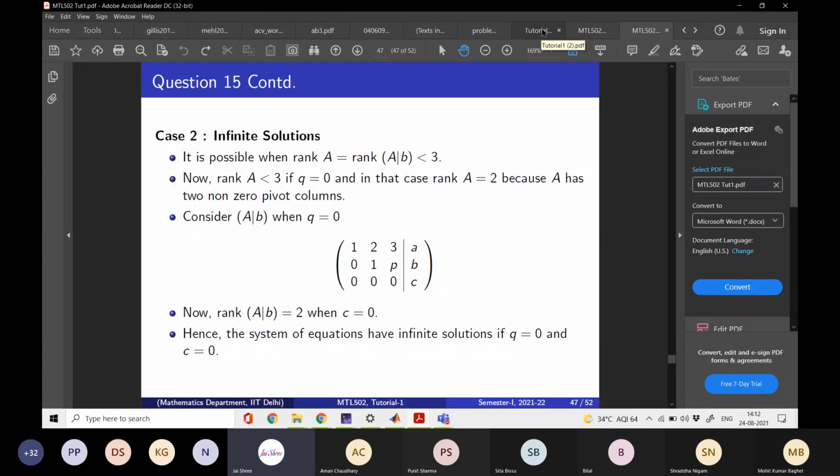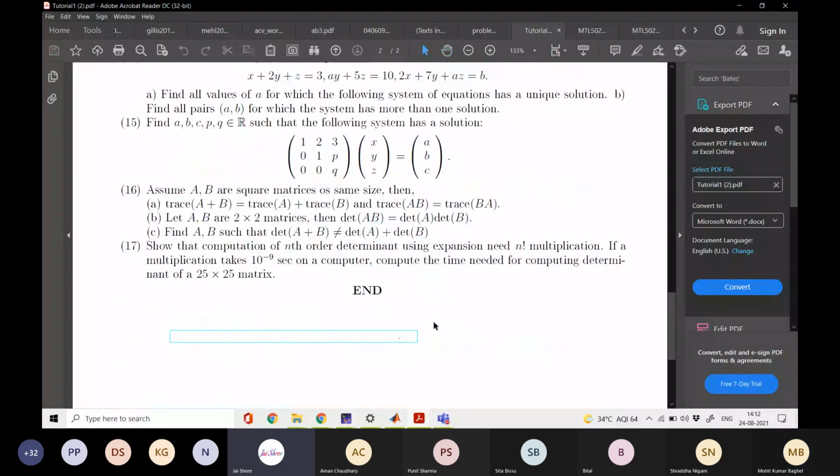In the general way, we say that when we add two matrices, we add their corresponding elements. And when we calculate the trace of a matrix, we add the elements of the diagonal. So when we add two matrices A and B, their corresponding diagonal elements will also add, and hence their trace will be the sum.